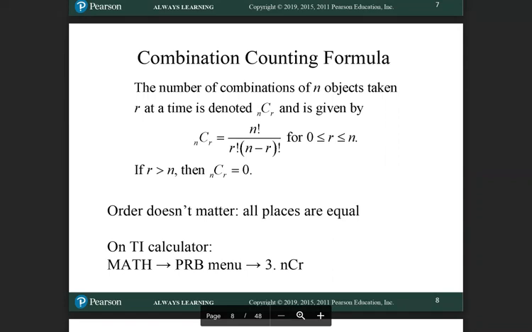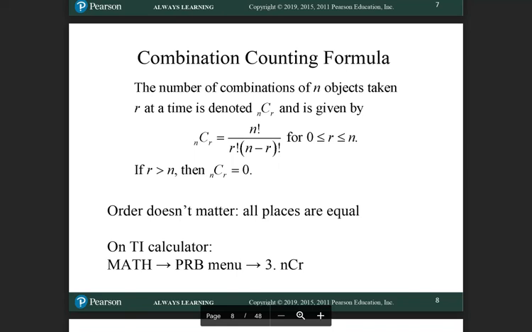So the order doesn't matter. Or I can say I'm making a committee. Then it doesn't matter if you're the first person in the committee or the last person in the committee, you're on the committee, you're all equal value, you're all equal leadership status, right? Not a first place, second place, president, vice president, where changing that would actually change the leadership. So for a combination, the order doesn't matter, all places are equal.